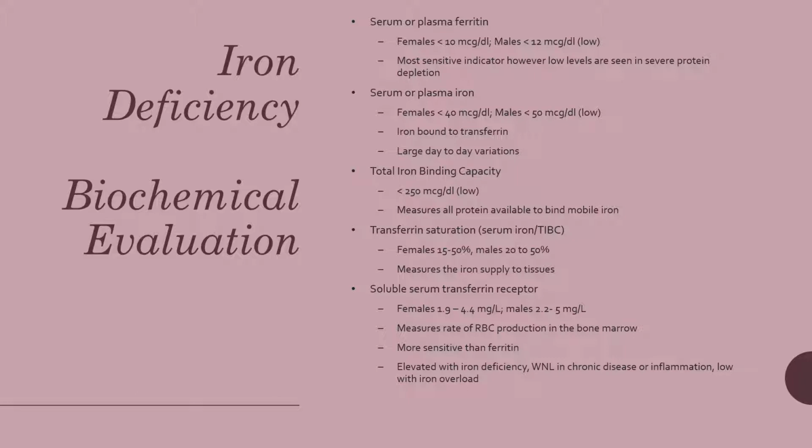Females 1.9 to 4.4, males 2.2 to 5. This measures the rate of red blood cell production in the bone marrow. It is more sensitive than ferritin, but it will be elevated with iron deficiency, within normal limits in chronic disease or inflammation, and low in iron overload.